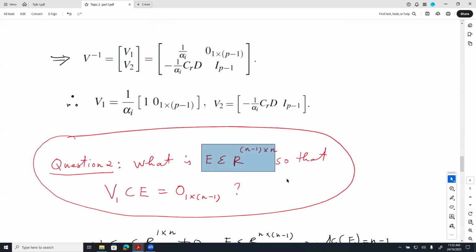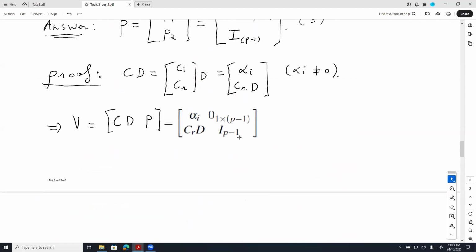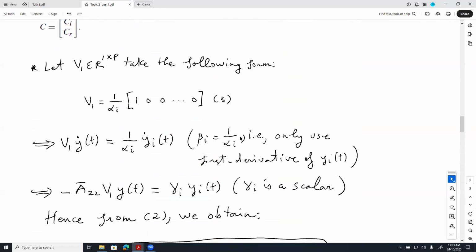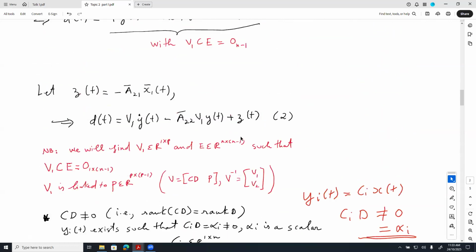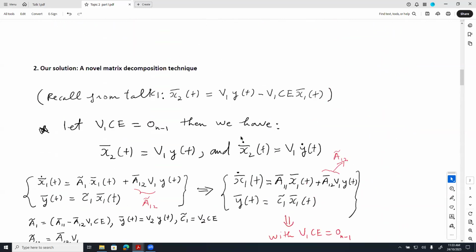Now remember, E is a full column rank matrix. It has to have a rank of n minus 1. And it needs to be found or determined so that the metric T is invertible as well.